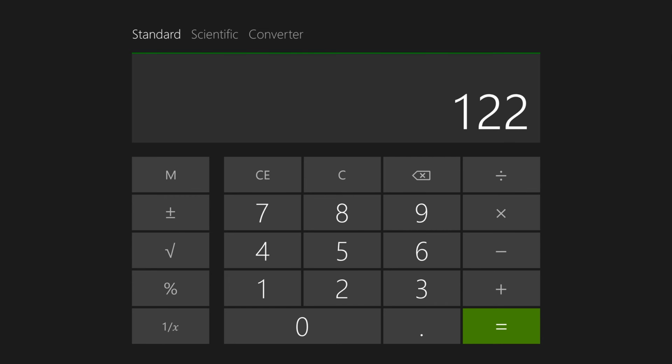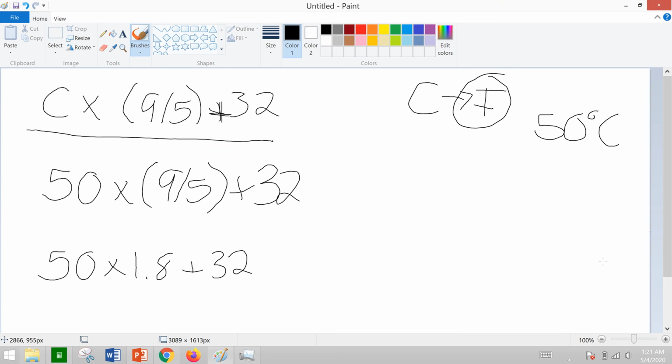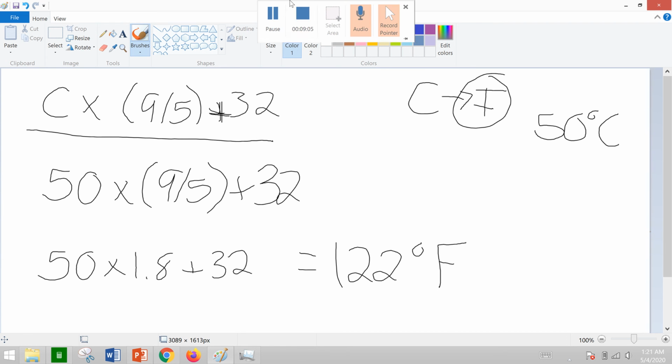Okay, there you go. 122. Okay, so our answer is 122. And now we were solving for Fahrenheit, so it would be degrees Fahrenheit. Okay, I'm going to pause you again so we can go into the other formula.